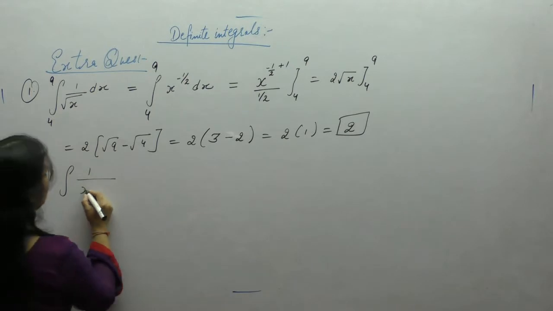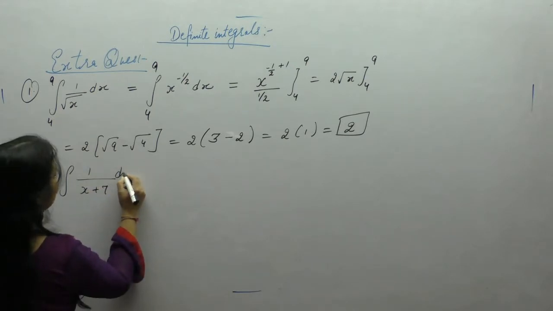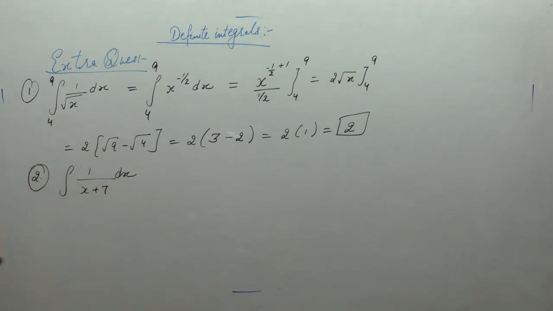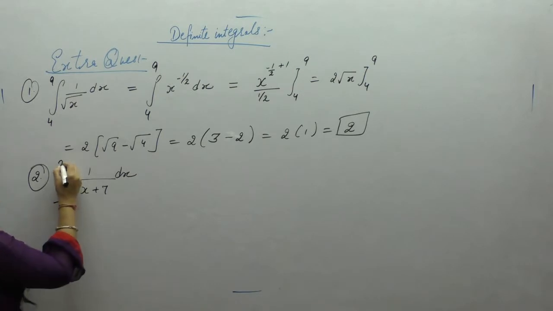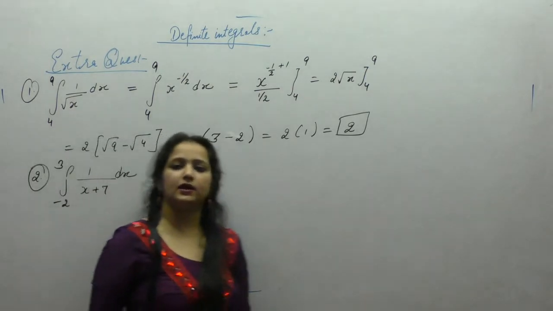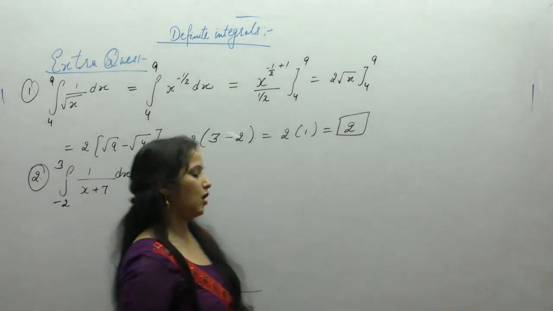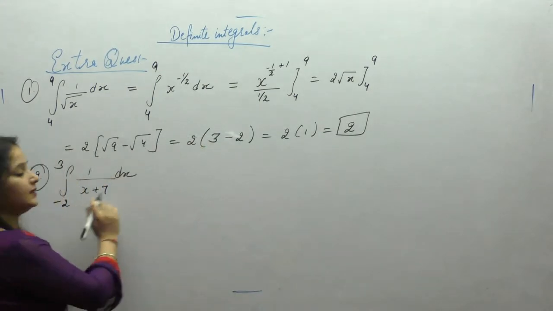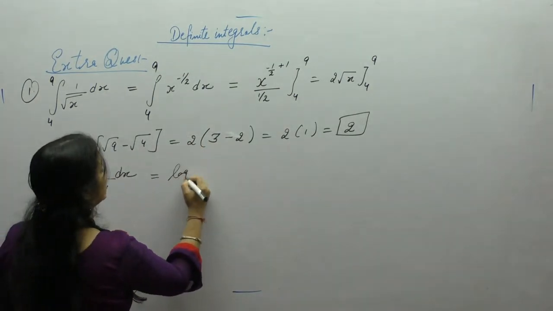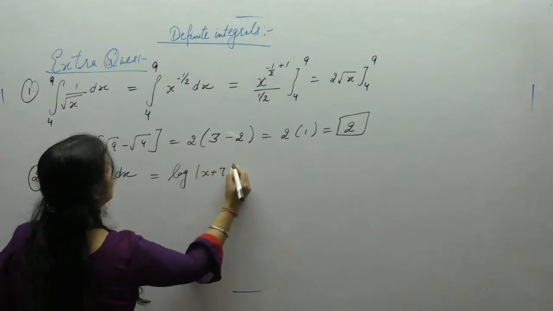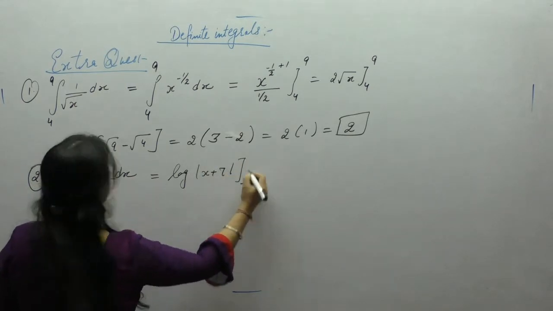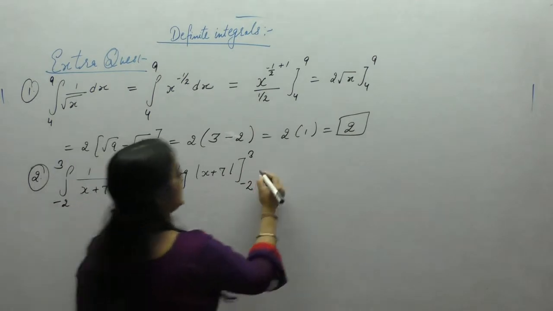Integral of 1 upon x plus 7 and the limit goes from minus 2 to 3. Integral of 1 upon x is log of x. This is of the same kind. So log of x plus 7, limit is minus 2 to 3. Put the limits.